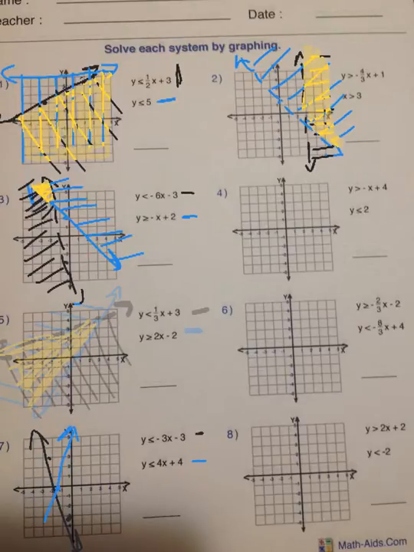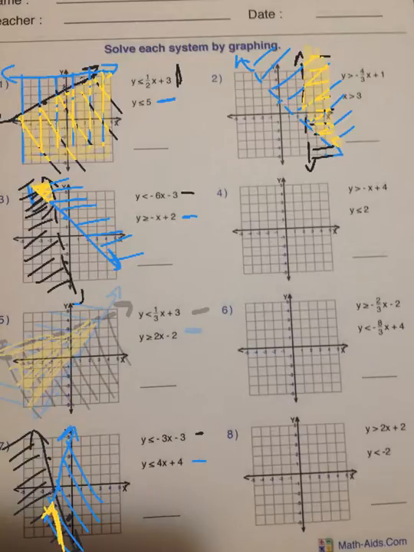And the first one is less than, so it's going to be down here. The other one also is less than, so it's going to go below. And then the area that it's going to be is down here.